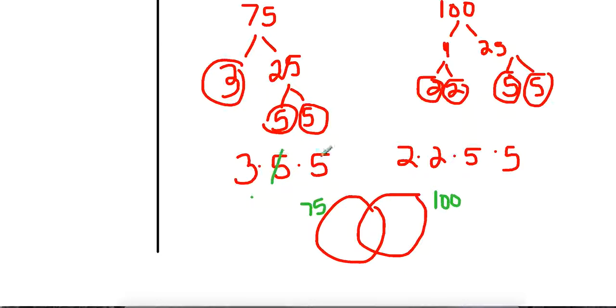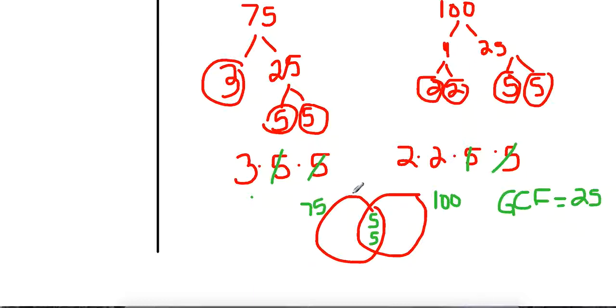They have a 5 in common, so we put one 5 in the middle. They have another 5 in common, so we put that in the middle. So now let's just look at this 75. So you should know the greatest common factor is 5 times 5, which is 25. It's a number that's a factor of both 75 and 100.